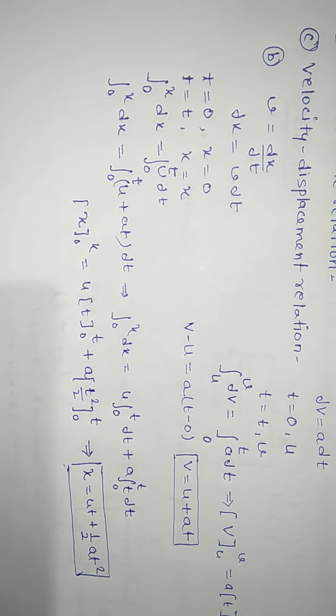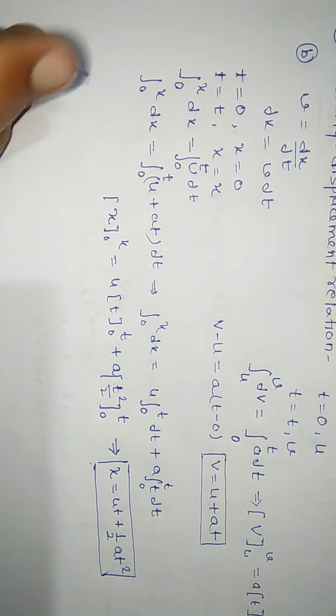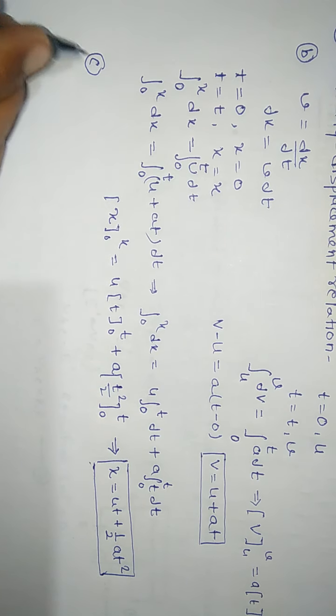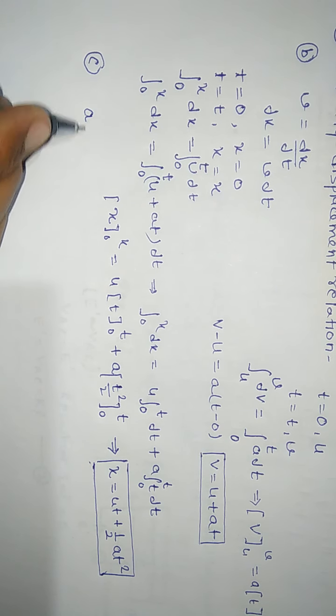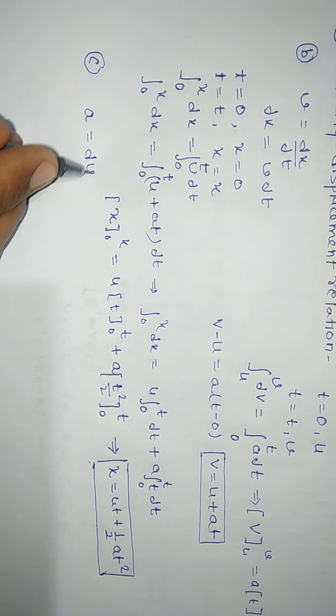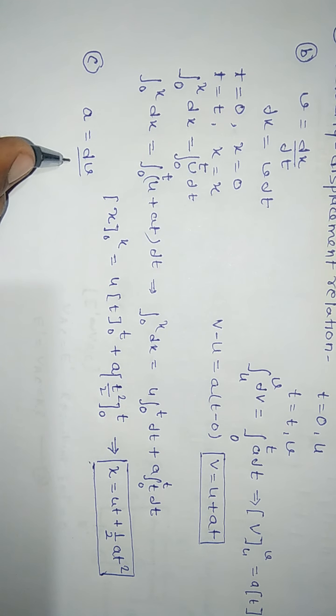Now for third equation of motion, which is velocity displacement relation, we know that a is equals to dv upon dt.